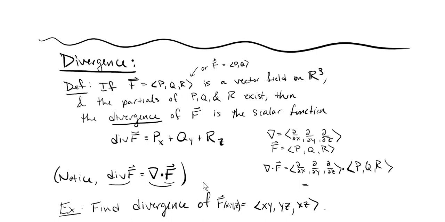Notice if we take the dot product of these two, or at least set up what looks like a dot product, we'd have the partial with respect to x applied to P, plus partial with respect to y applied to Q, plus with respect to z applied to R, and that is exactly Px plus Qy plus Rz.